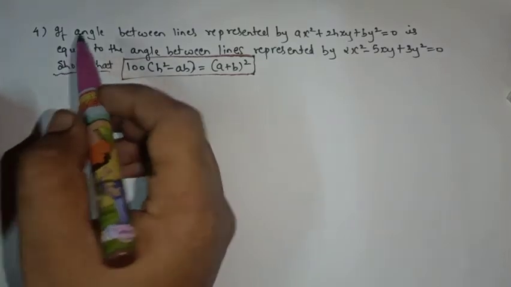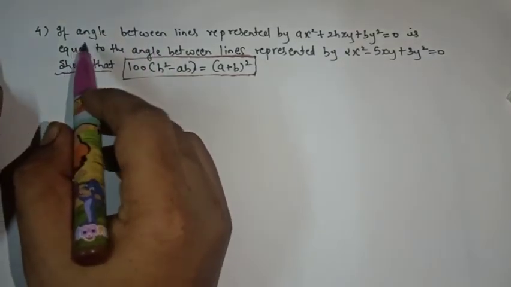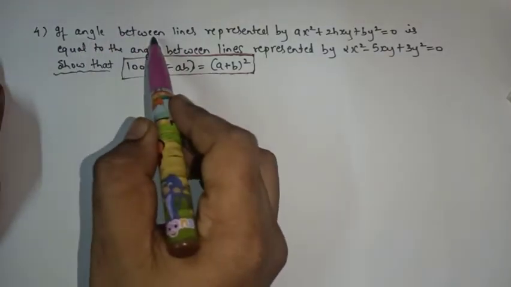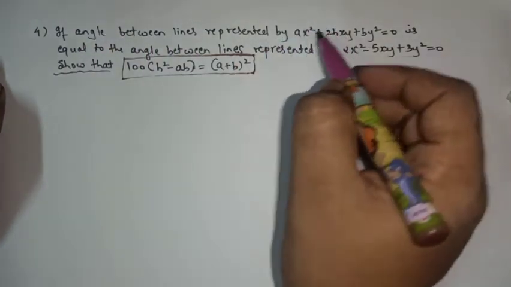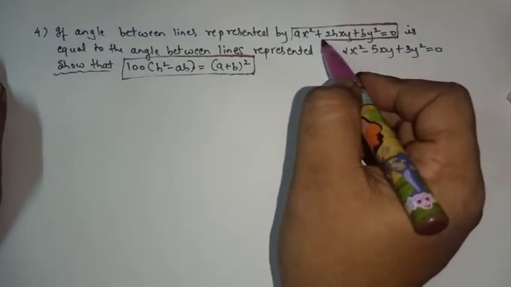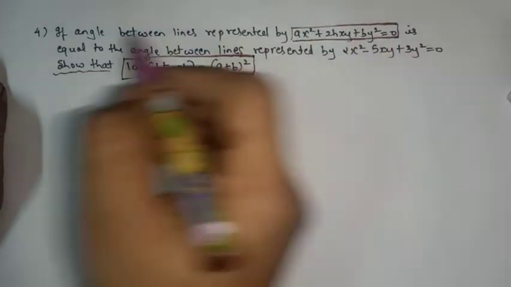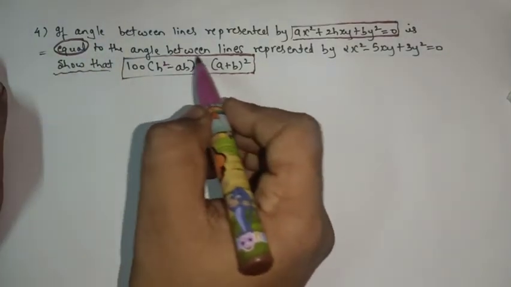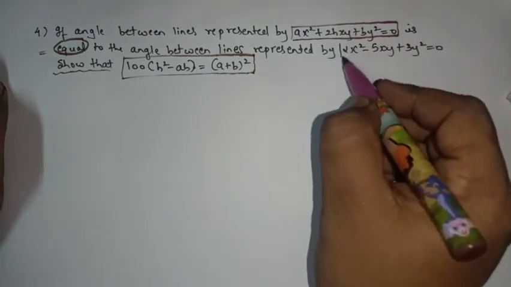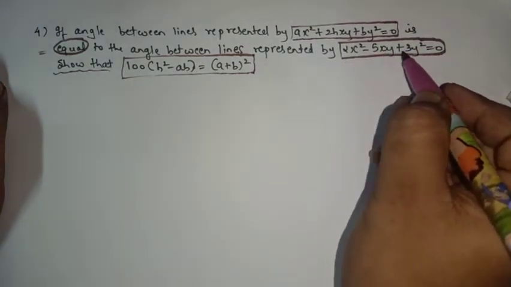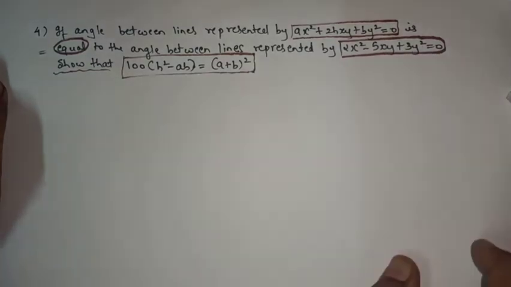Now we'll focus on the question. We'll see the condition given in the question. If the angle between the lines represented by ax square plus 2hxy plus by square equals to 0 is equal to the angle between the lines represented by 2x square minus 5xy plus 3y square equals to 0.